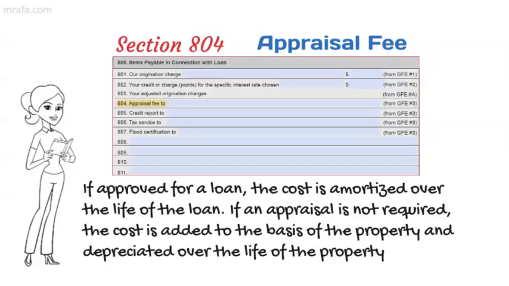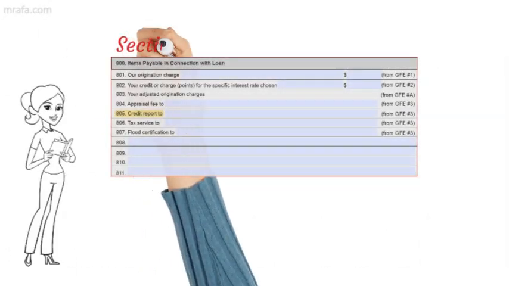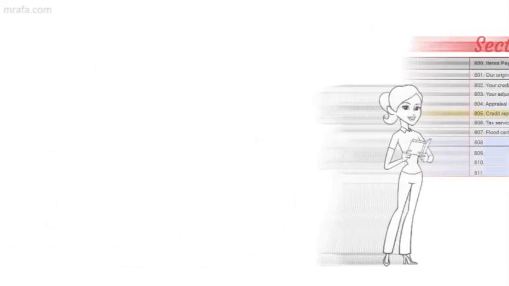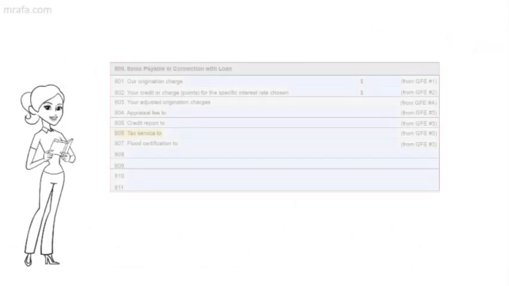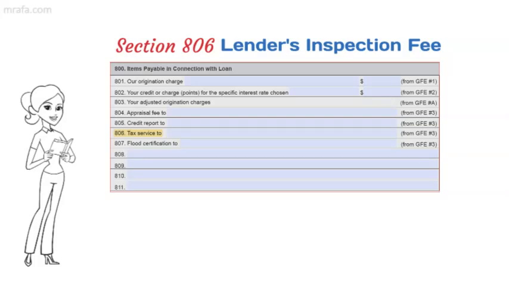And then there will be appraisal fees, credit report fees, which you will see in Section 805. 806 is like the lender's inspection fee. You actually should do this. Make sure that the property is inspected, because there are a lot of things that will come out when there is a professional inspector, because there are things that you cannot see just by looking at it.